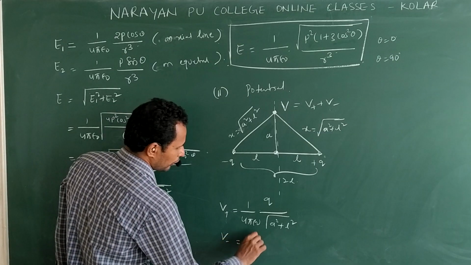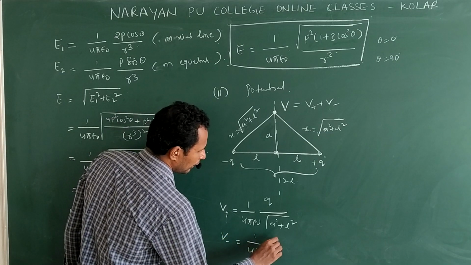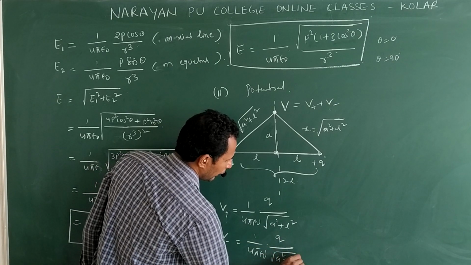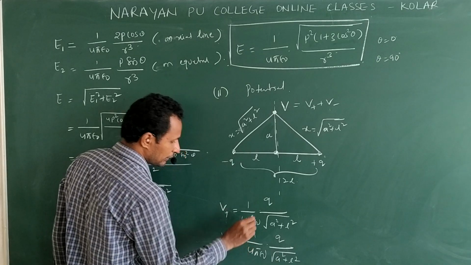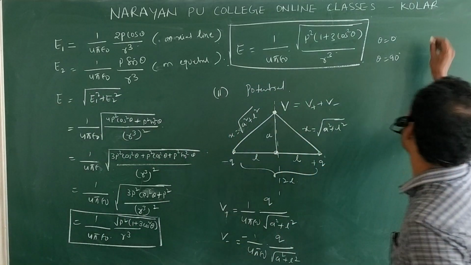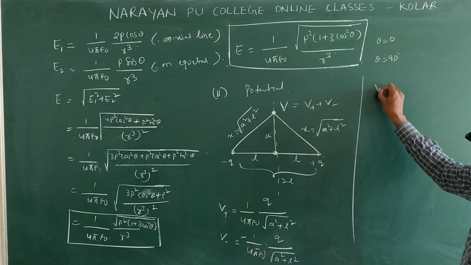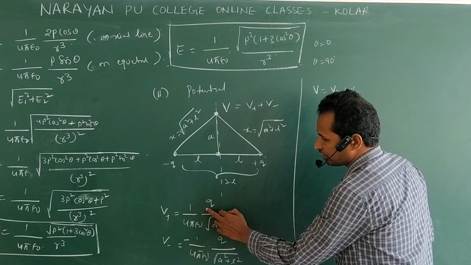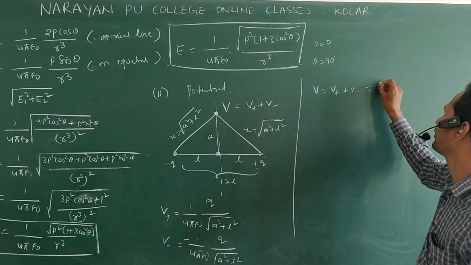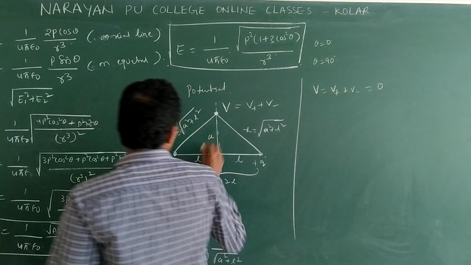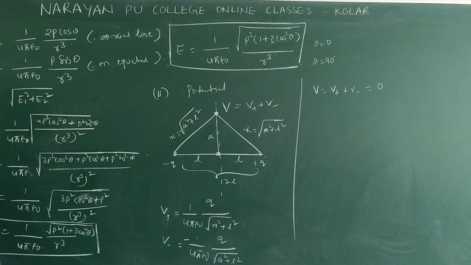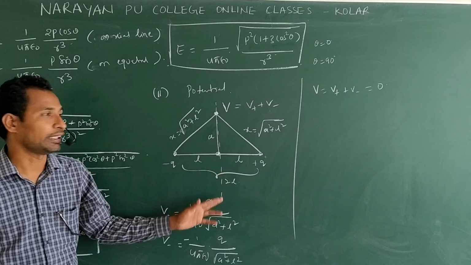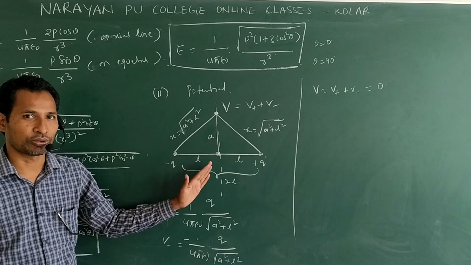And next V minus: 1 by 4 pi epsilon naught q by under root of a square plus L square, but the negative charge we will take negative here. If I add these two, V is equal to V plus plus V minus. Magnitude is the same, one is positive and one is negative, so the answer is 0. So at any point on the equatorial line of the dipole, potential is always 0. Clear? But electric field is not 0.